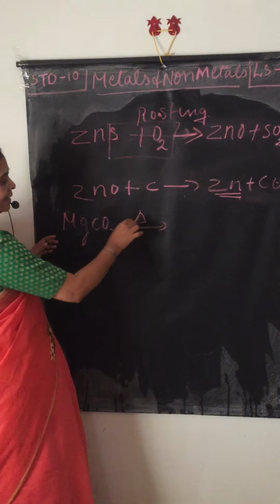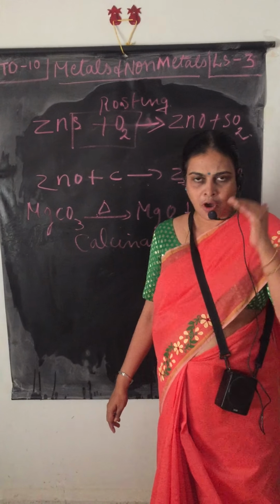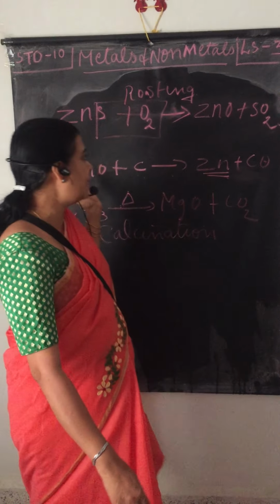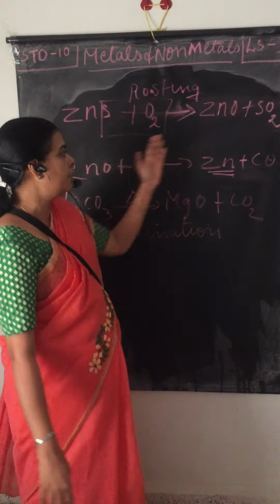Roasting means heating the ore in the presence of oxygen in order to convert sulfide ore into oxide ore. And calcination means heating in the absence of air in order to convert carbonate into oxide ore. This is how calcination and roasting are done.